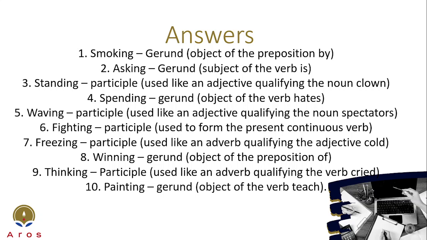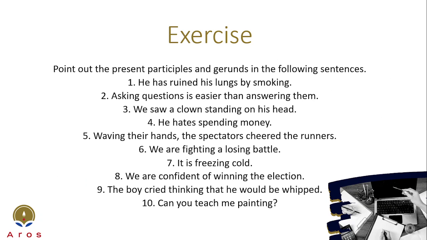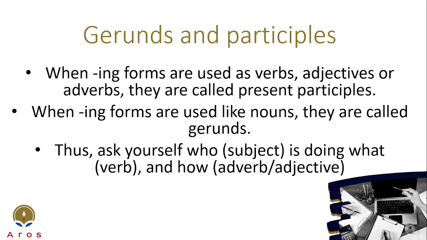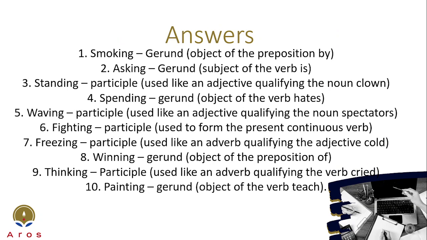Number 9, thinking. Okay, participle. Why? Kom ons kyk net na die voorbeeld. The boy cried thinking, want dit beskryf hoe hy gehuil het. Because it describes how he cried, presies wat ons daar gesê het. Nummer 10, painting is a gerund, because it is the object of the verb teach.